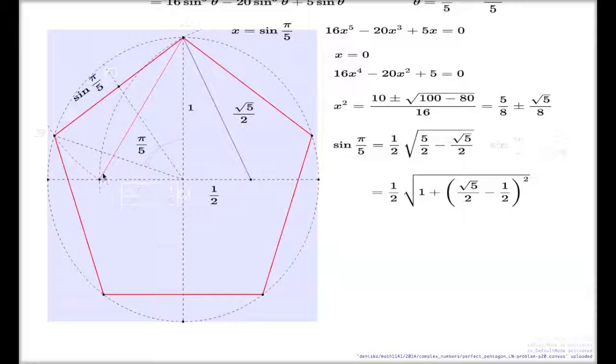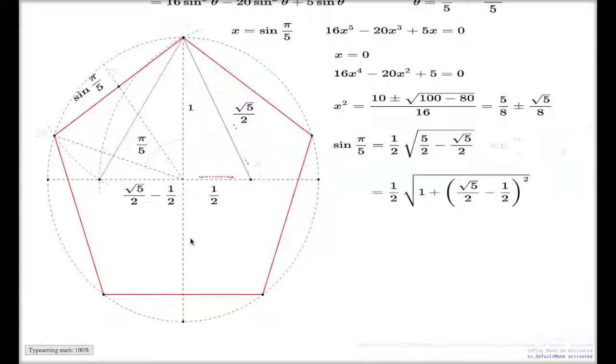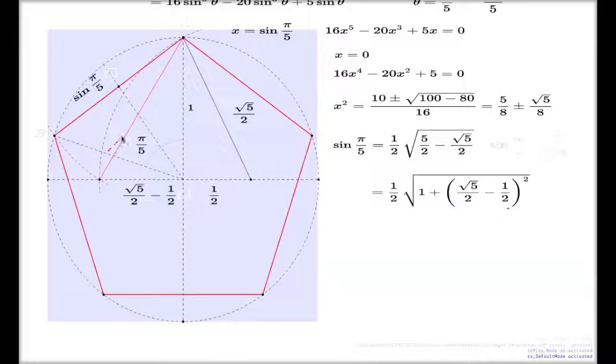Then this piece of the diameter from the center up to this point will be this length. Take away half of the radius, which is 1/2. So this will be this value, the value in this bracket. Now, if you look at this triangle with this red hypotenuse, and apply the Pythagoras theorem again, the side of this red hypotenuse will be this value under the square root, isn't it? Because it's Pythagoras: the square of 1, here it is, and the square of this side, here it is.